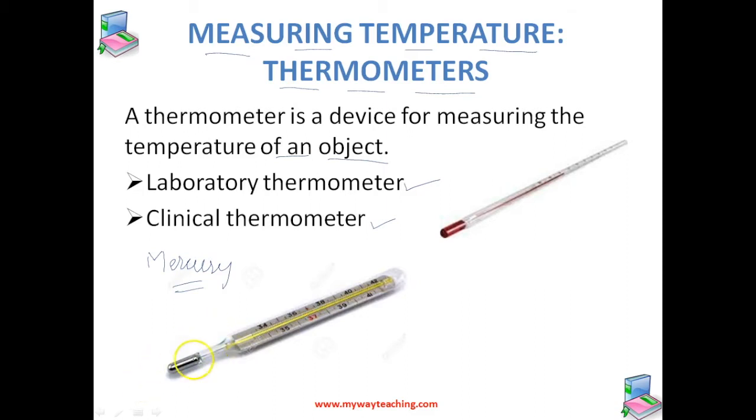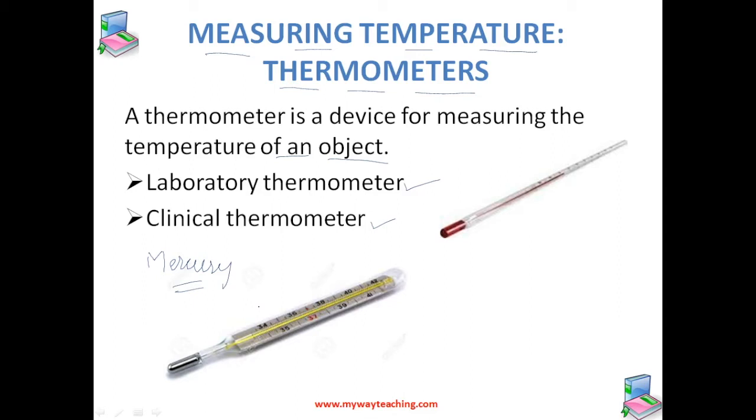So whenever the thermometer makes contact with the hot body, because of that hotness the mercury expands and rises in the thermometer tube. This fact is used in measuring the temperature of the hot object.